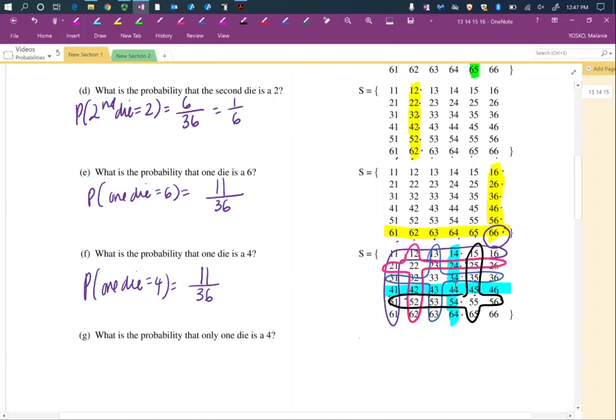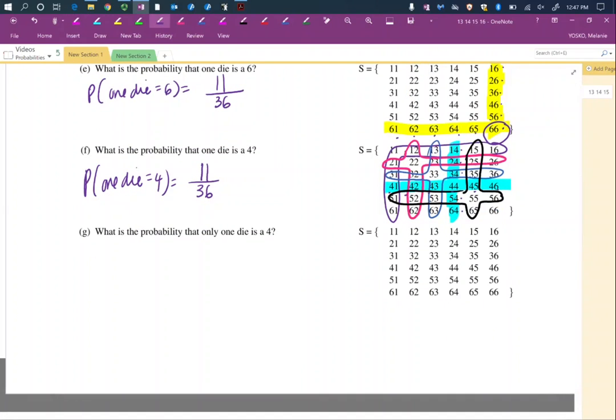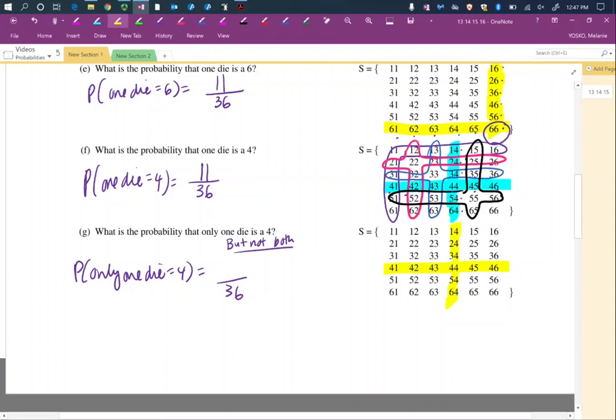So what is the probability that only one die is a 4? That means you're really saying, but not both? So the probability of only one die equal to 4. The denominator is always 36. So which ones have one die that's a 4? These have one die that's a 4. These have one die that's a 4.